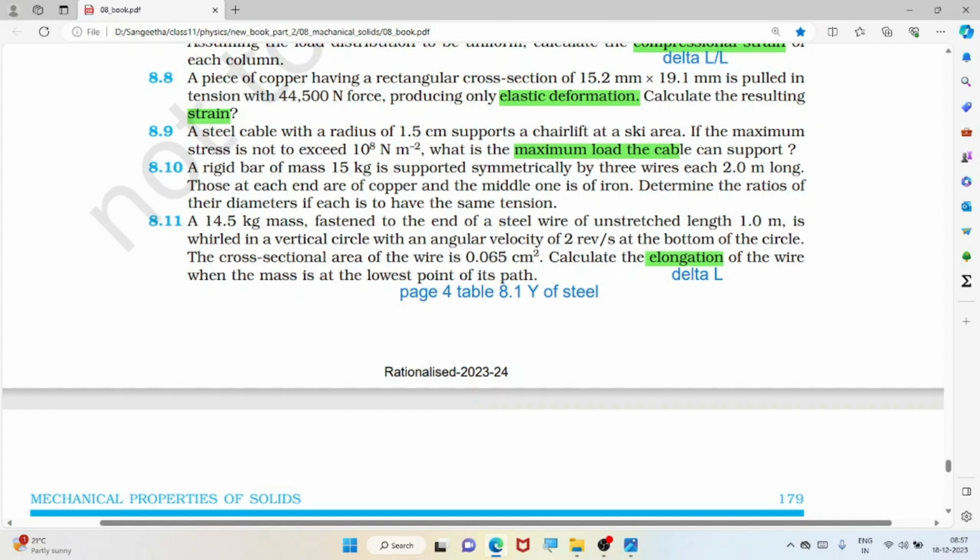A rigid core of mass 15 kg is supported symmetrically by three wires, each 2 meter long. Those at each end are copper, and the middle one is iron. Determine the ratios of the diameters of each of these to have the same tension.